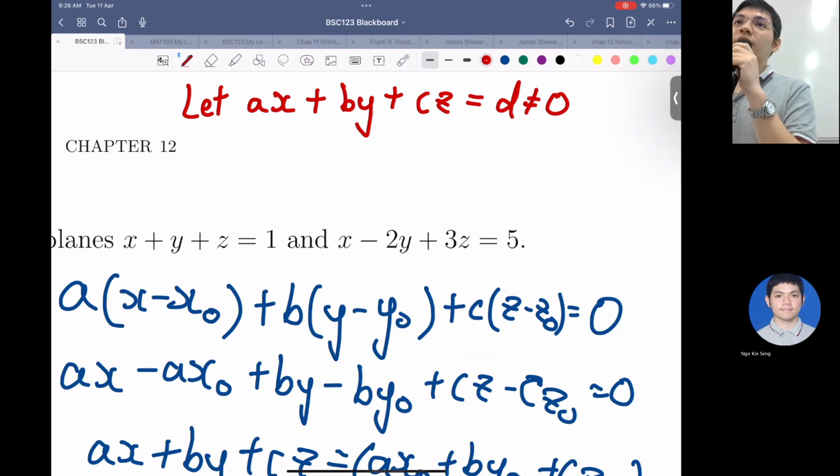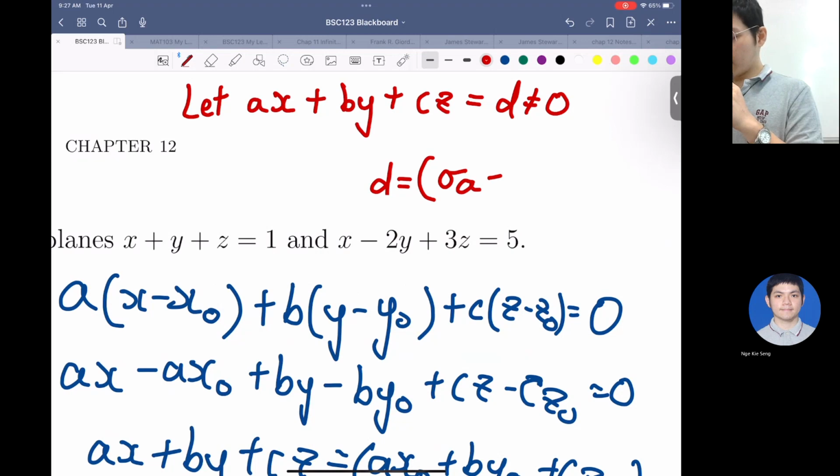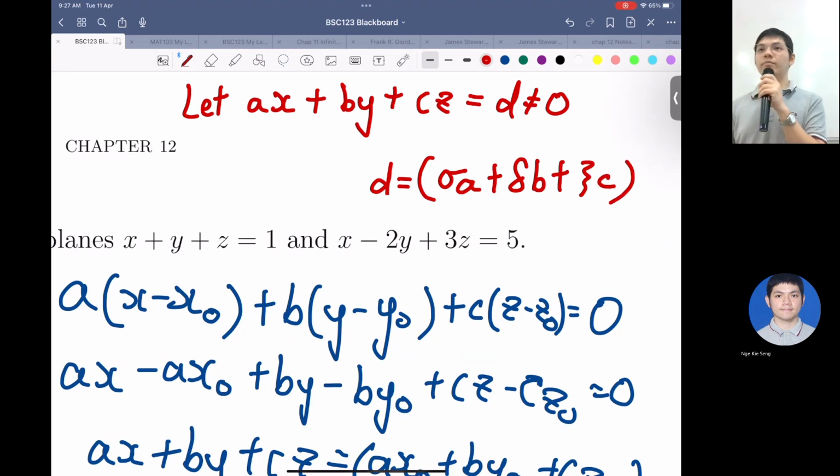We don't know what point is on the plane unless we go and solve it by trial and error. If d is a linear combination of A, B, C, then we should be able to solve it. So let's say d is equal to sigma A plus delta B plus theta C.